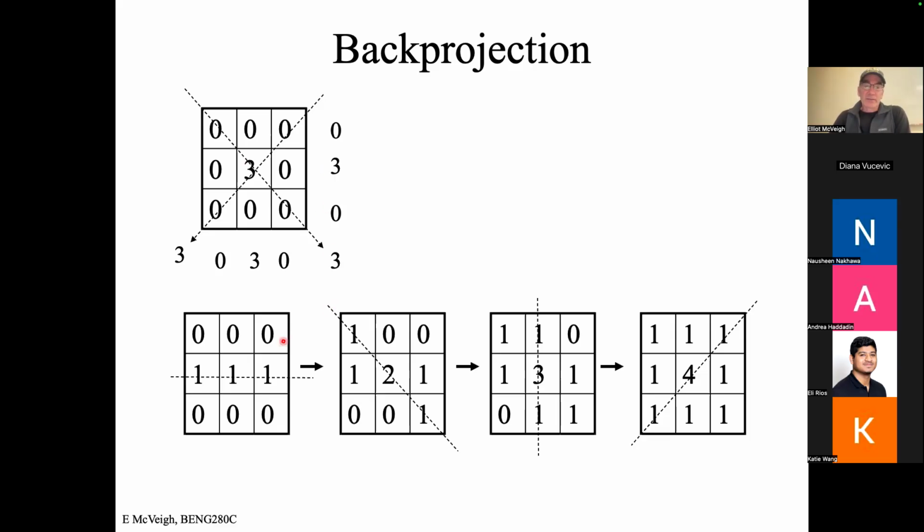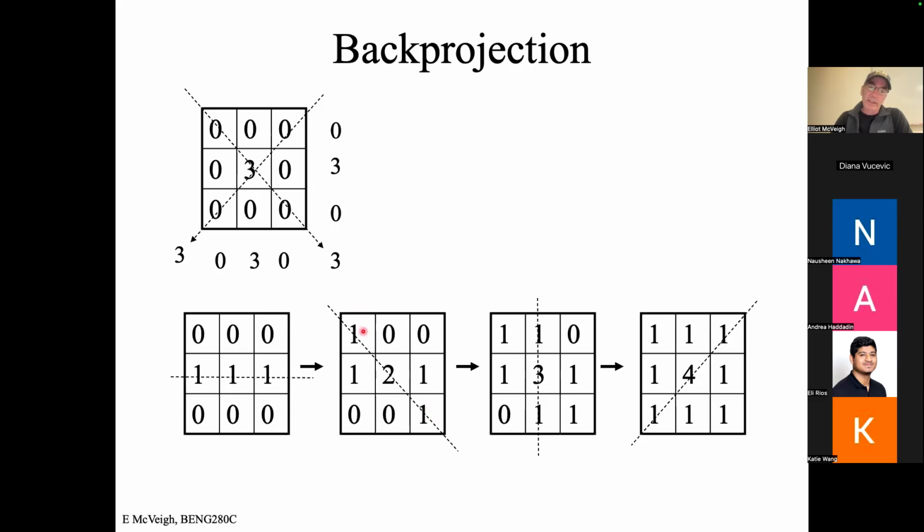And so when we do that, if we project in this direction, we'll just say, I've got a 0 up here, so I'm going to project back 0 everywhere. I've got a 3 in this row. I'm going to project it back as a 1, 1, 1, evenly distributed, because I have no other information. I just know its total, right? And then I'll back project this 0. And then when we go to back project the measurements on this diagonal, we know that it adds up to 3, so we spread that over the whole projection.